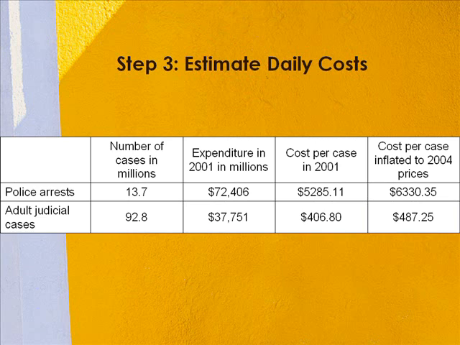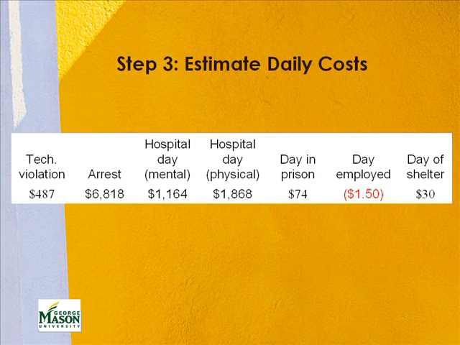This table shows the daily cost of various consequences as estimated from published national or regional data. The cost of a day of employment was the exception to the rule. This cost was estimated by the tax paid by the offenders on legal income they had during the probation period.